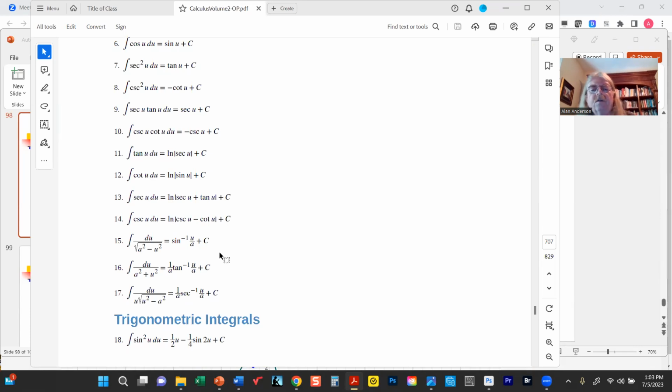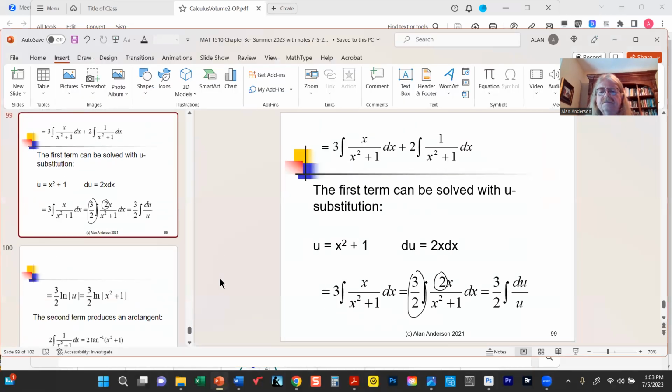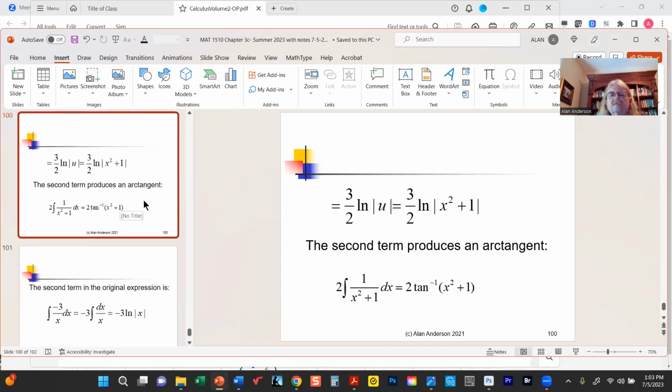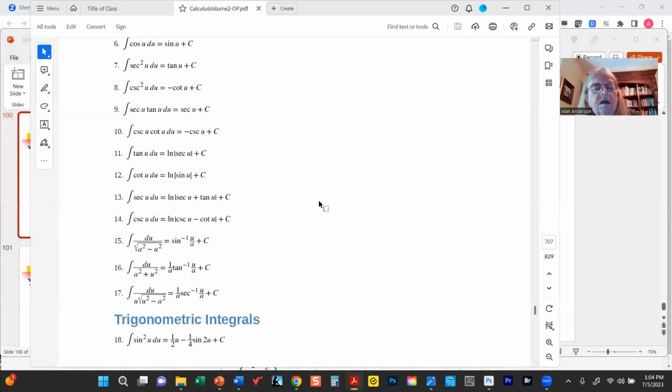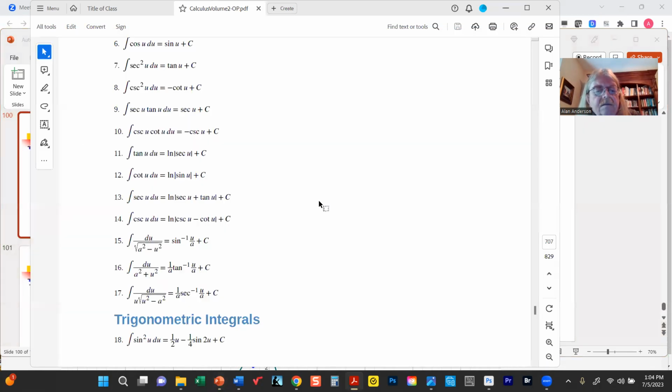The integral of du over a squared plus u squared equals 1 over a arctangent u over a.